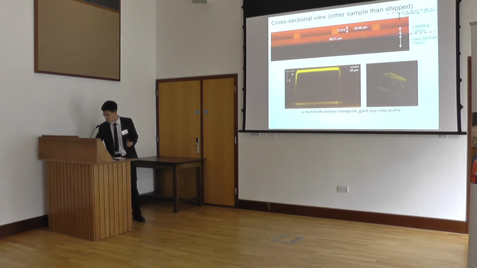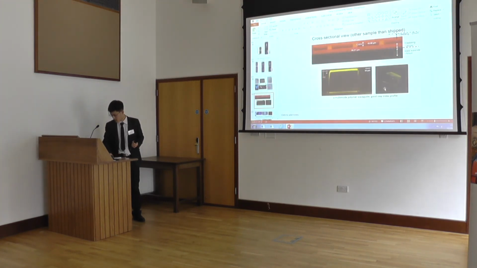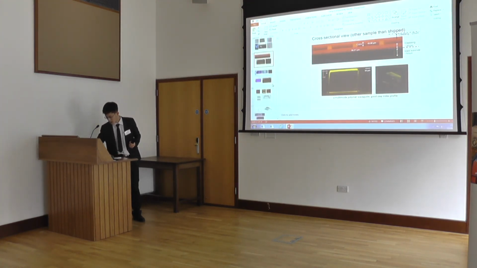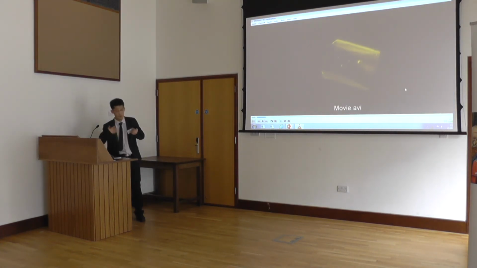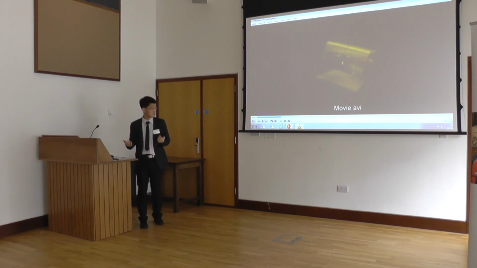Right. So this is a movie. It never works. I'll see how many slides I've got. Okay, not many. I'll skip two slides, but I'll show you the movie of what it looks like when the three-dimensional image is reconstructed.